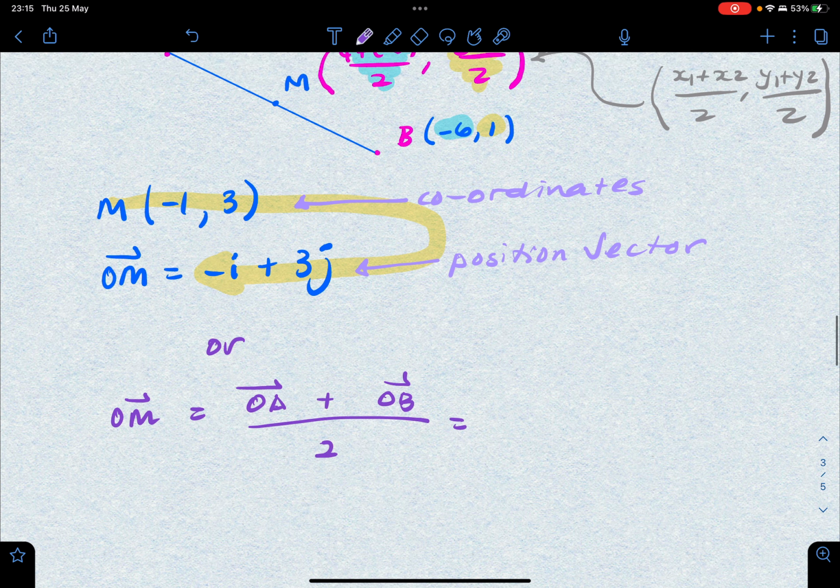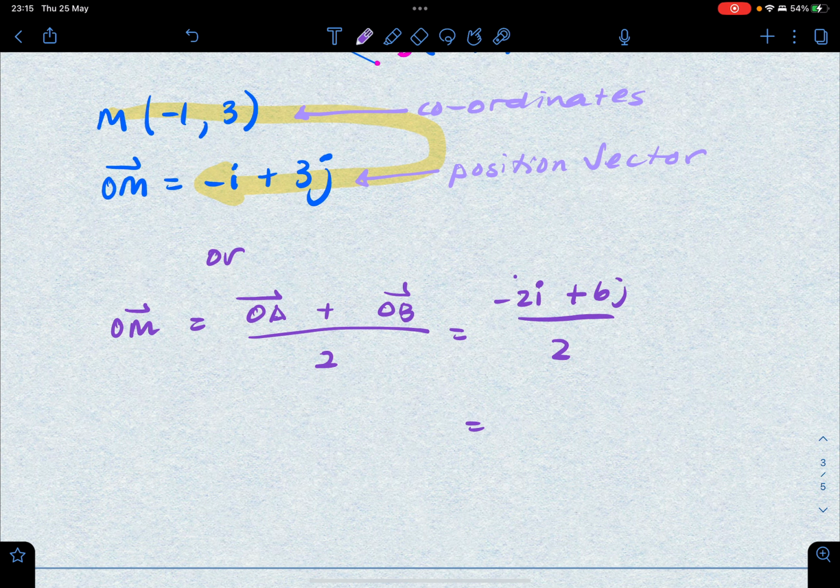So you add OA and OB, and the answer will be -2i plus 6j over 2, and that will give you -i plus 3j, because you can divide that and you can divide that.